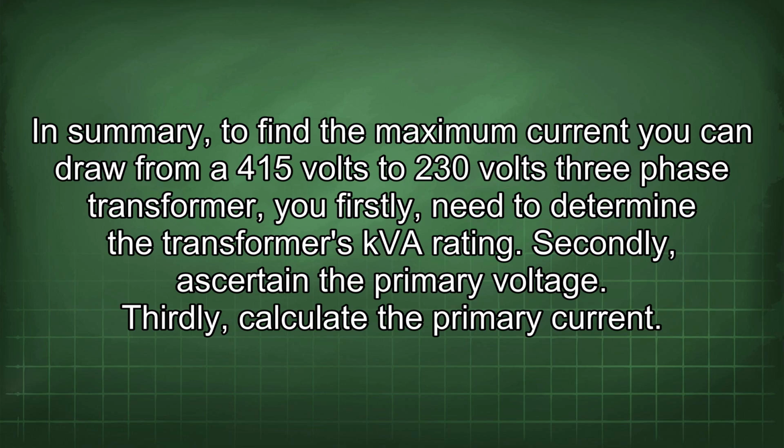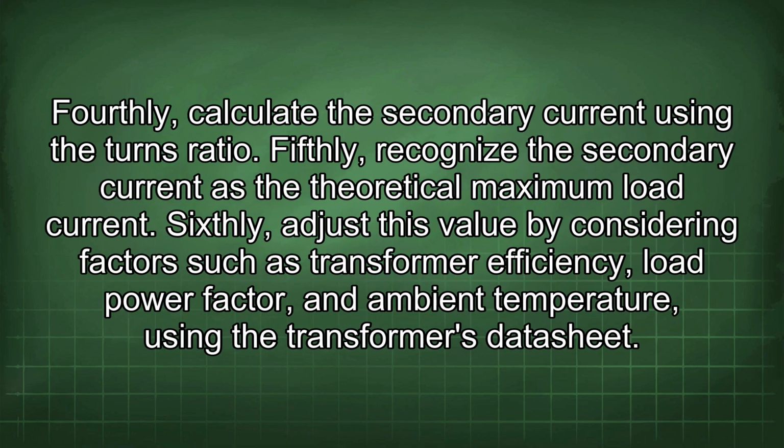In summary, to find the maximum current you can draw from a 415 volts to 230 volts three-phase transformer, you firstly need to determine the transformer's kVA rating. Secondly, ascertain the primary voltage. Thirdly, calculate the primary current. Fourthly, calculate the secondary current using the turns ratio.